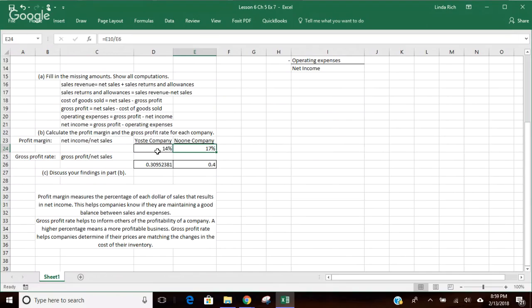So for the profit margin, around where it's at, 14 and 17%, you can make a guess of what kind of business it would be. It was like software and programming was close, and also like pharmaceuticals. So this is normal for those kinds of companies.